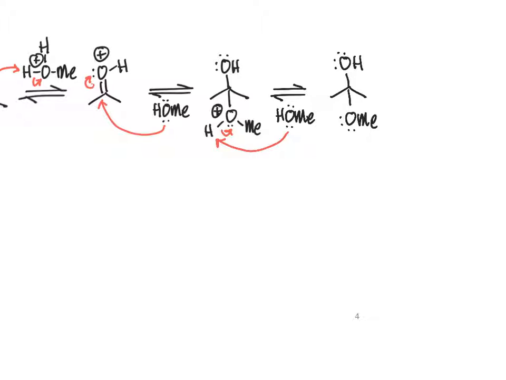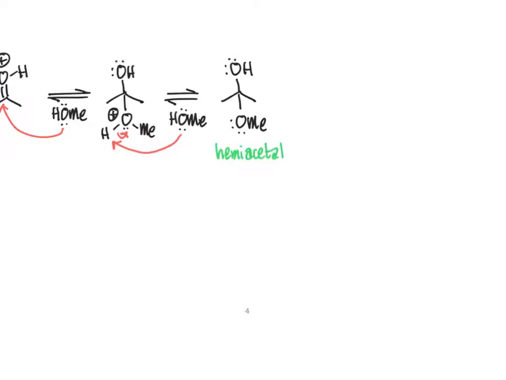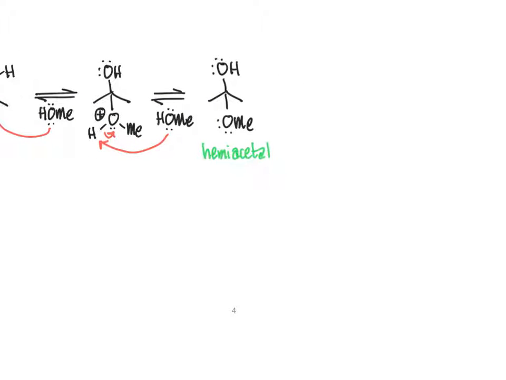So that intermediate actually has a name. This is called a hemiacetal. It essentially means half an acetal. So that part of the mechanism looks like hydration. If you replace the methanol here with water, you'd end up with the hydrate. But with alcohols, the reaction continues.